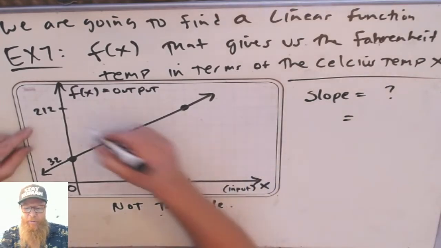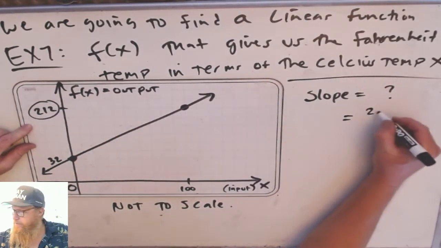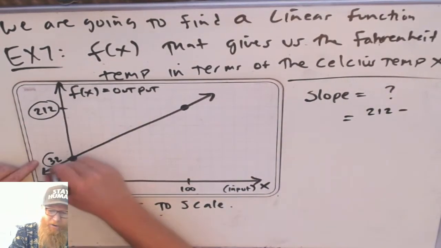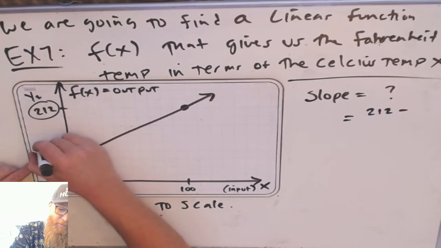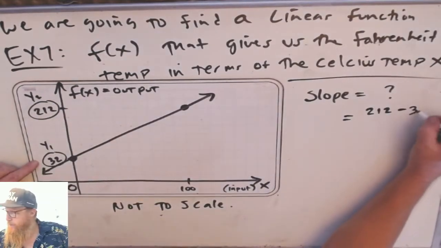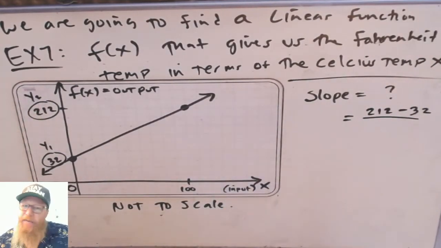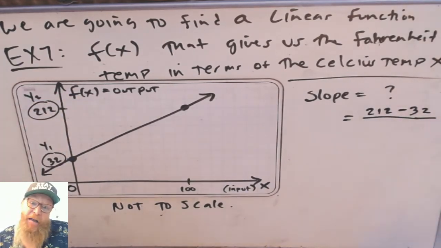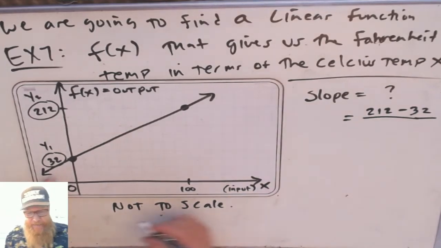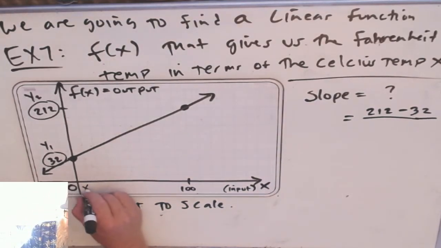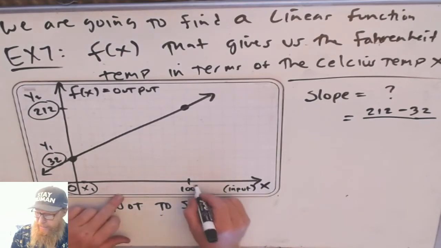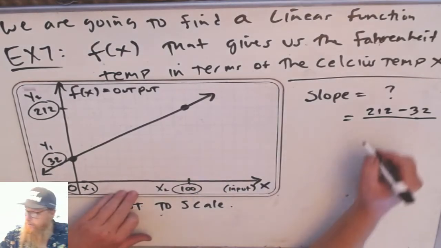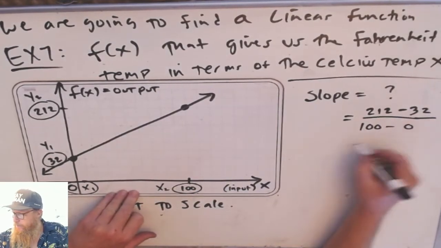All right, let's use the formula. y2 minus y1. Remember, y means the same thing as f, output. I'm using f for function. I'm also using it for Fahrenheit, actually. Okay, and then I got x1 and x2. So 100 minus 0.